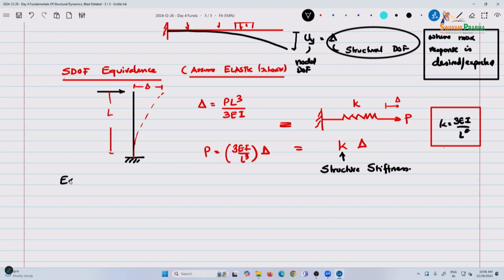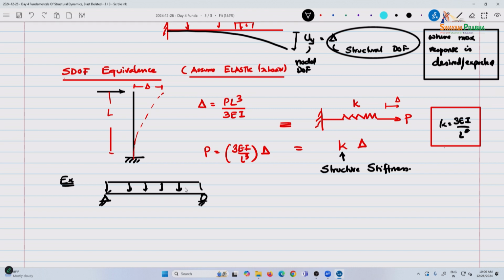Take another simple case, and you can extrapolate it to multiple types of scenarios. If you want complex cases, model it in any structural analysis program, and get the deflection from the loads, equivalent load. We'll talk about that also.